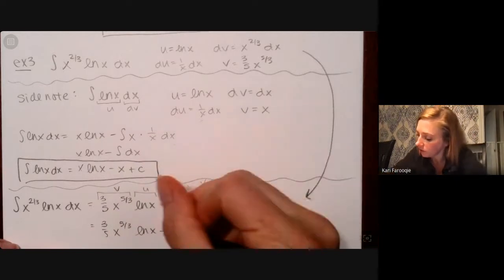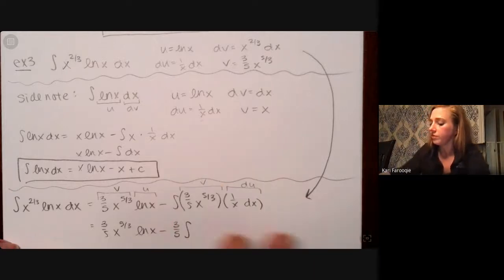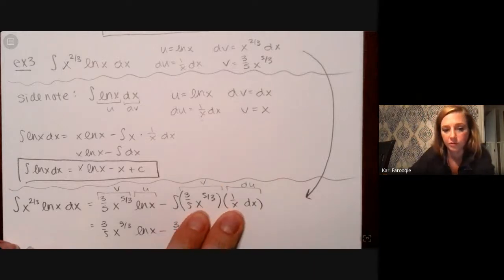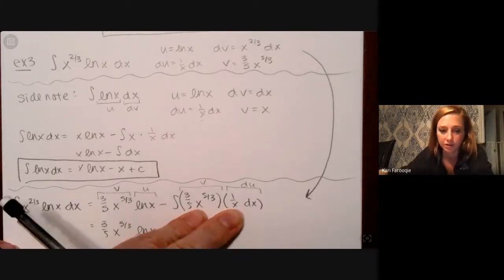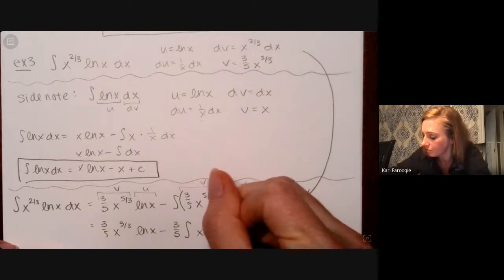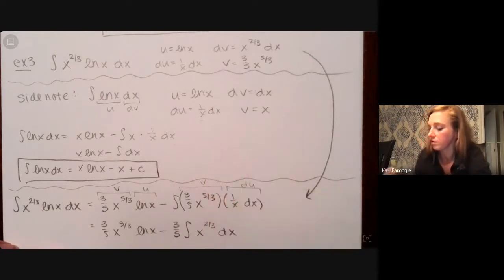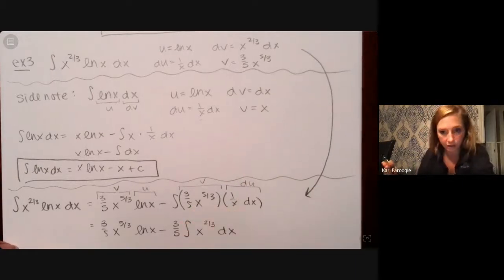If you want, in the integral, you can take that 3/5 out as a constant multiple. x to the 5/3 divided by x really just means that you're taking 1 away from the exponent. Well, you already know how to do that because it's what you originally had. So x to the 5/3 minus 3/3 is x to the 2/3 dx.